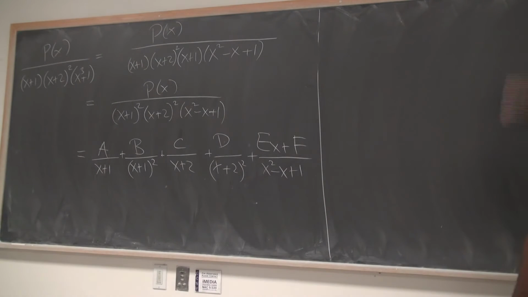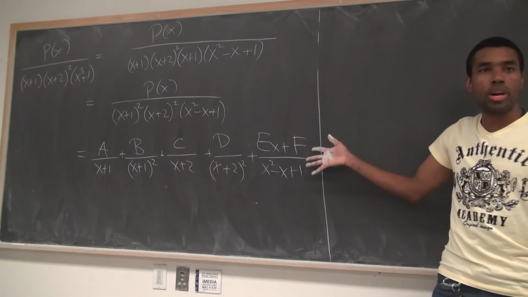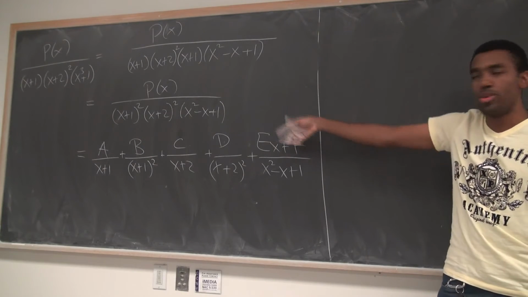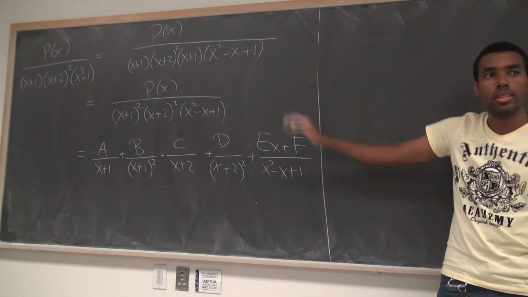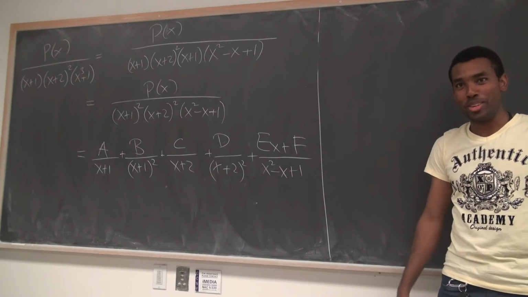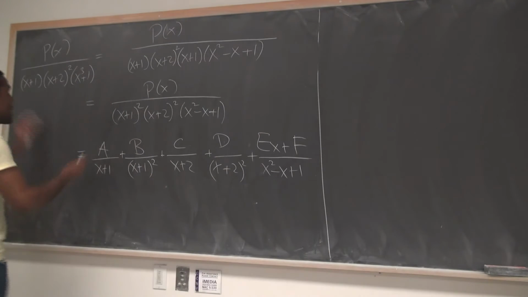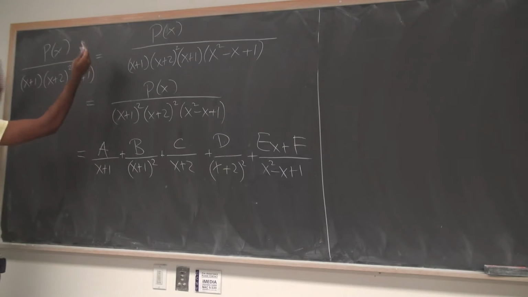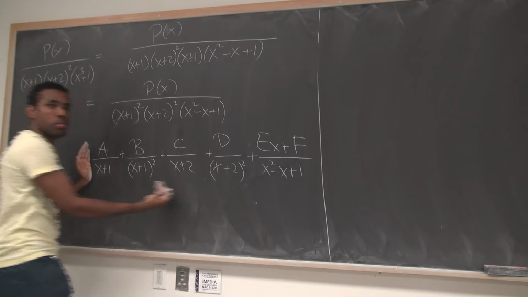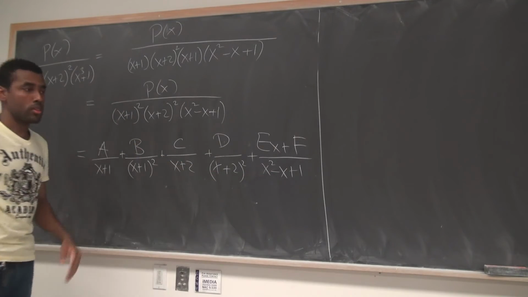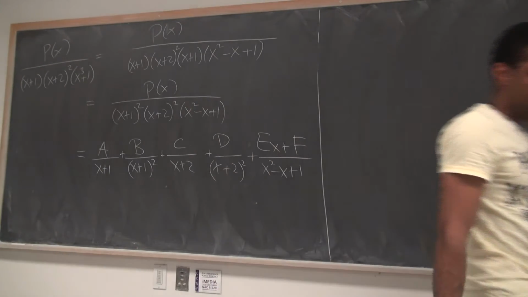There have been times when a final has asked us to just break up a fraction into its partial fractions, and you don't need to find what the A, B's are. In general, though, we do need to find them, so I'm going to show you how. This is how you understand what a larger fraction looks like as a bunch of smaller fractions.